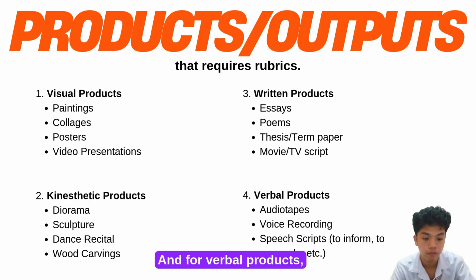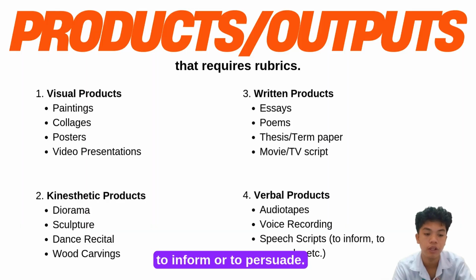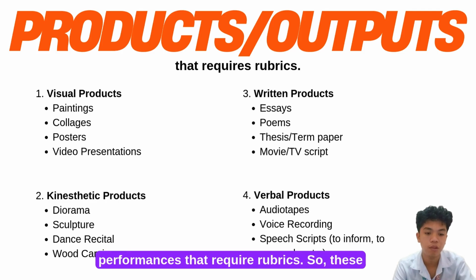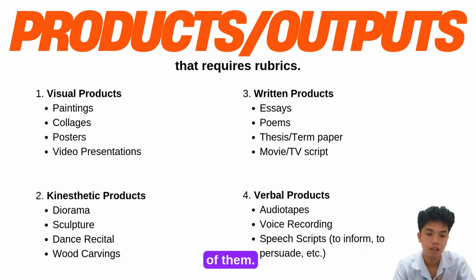And for verbal products, we have audio tapes, video recordings, speech scripts to inform or to persuade. So there are many more products and performances that require rubrics. So these are only a few of them.